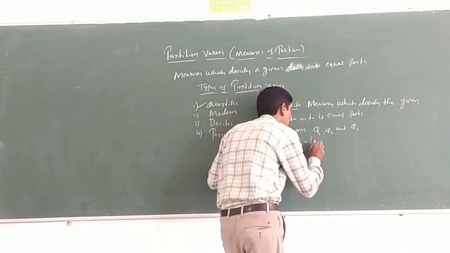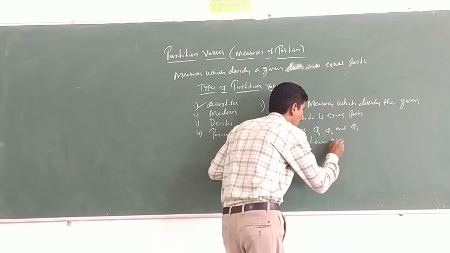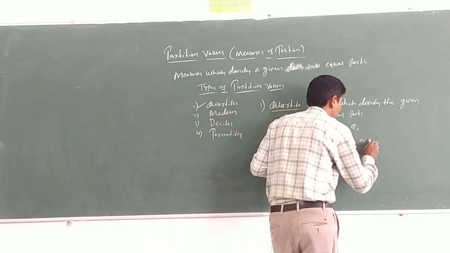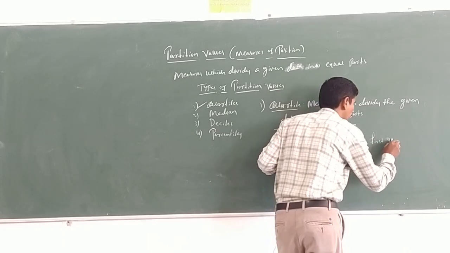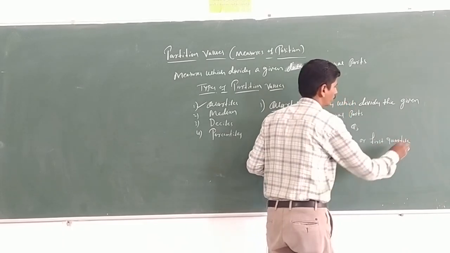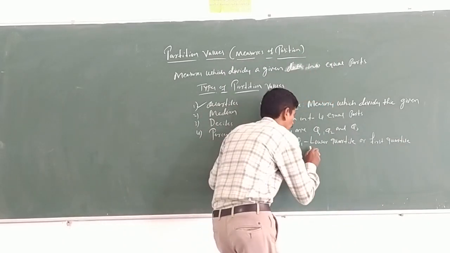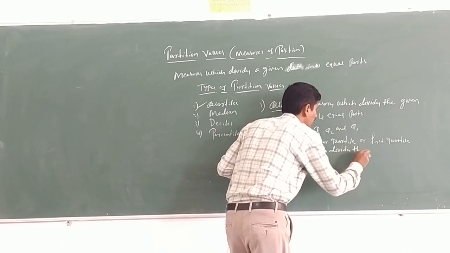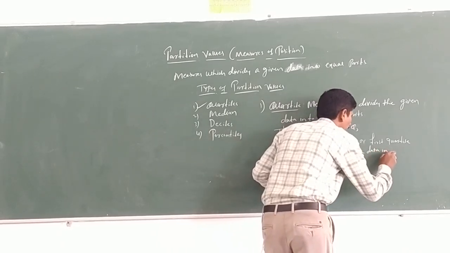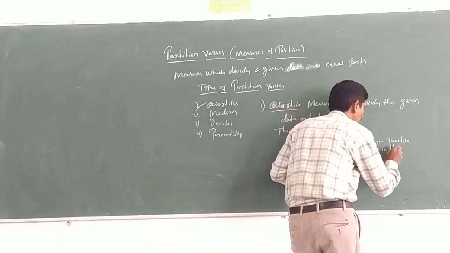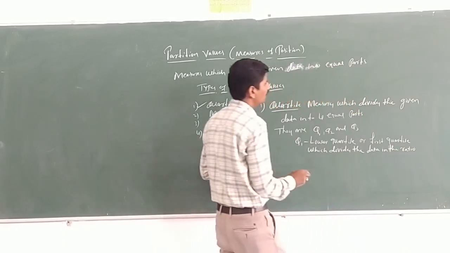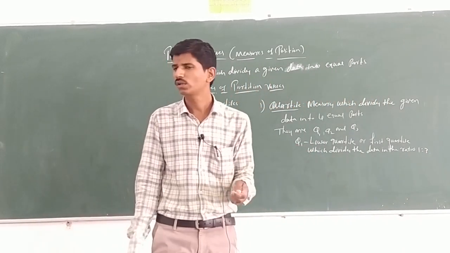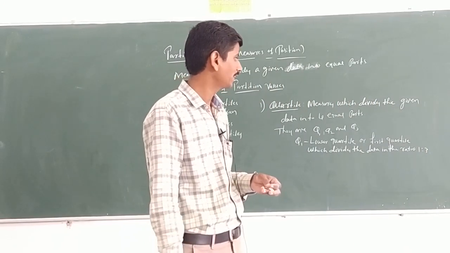Q1 is said to be the lower quartile or first quartile, which divides the data in the ratio 1:3.